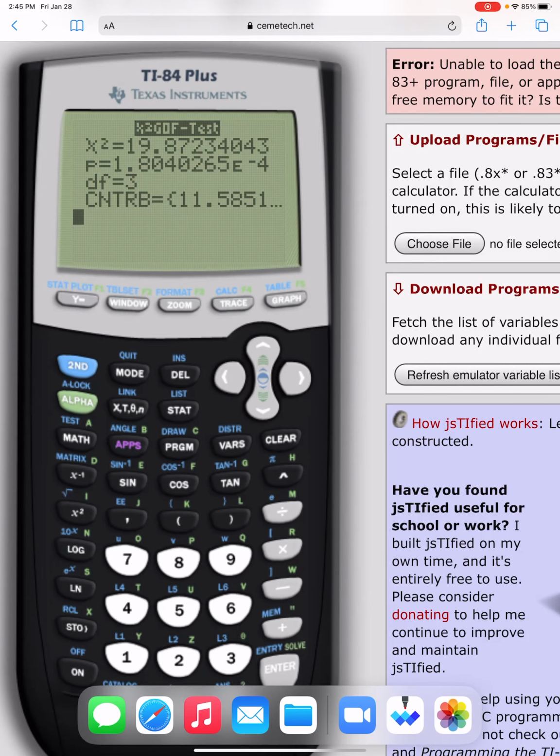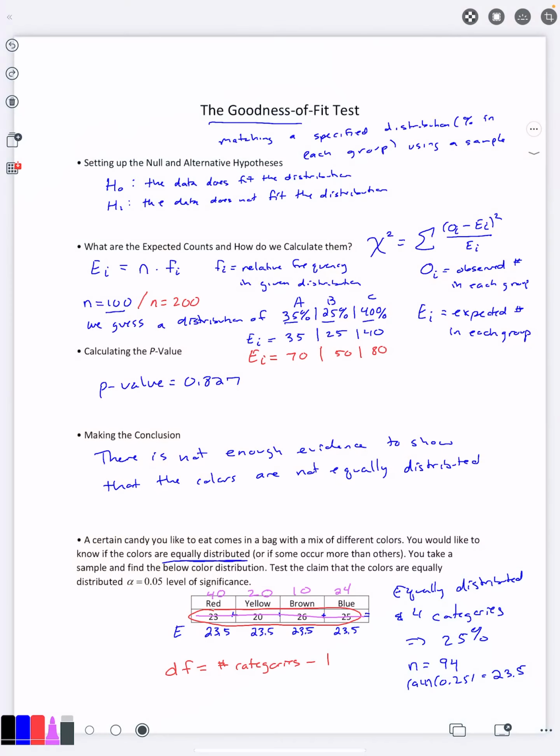So the second p-value is 1.8 E minus 4, and that means you put 3 zeros in front of the 1.8. That is way less than the alpha here. So then in that case, there is enough evidence to show the colors are not equally distributed.